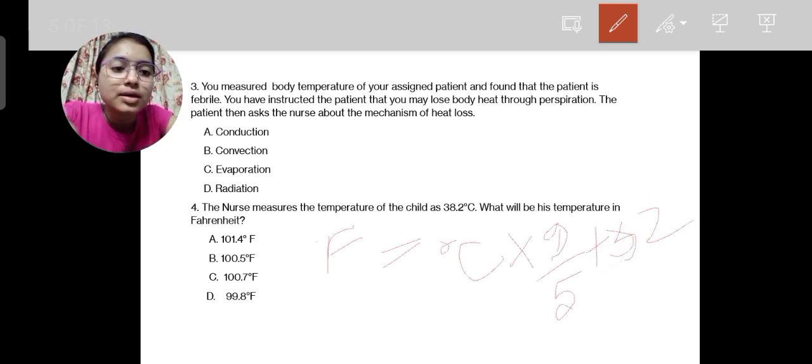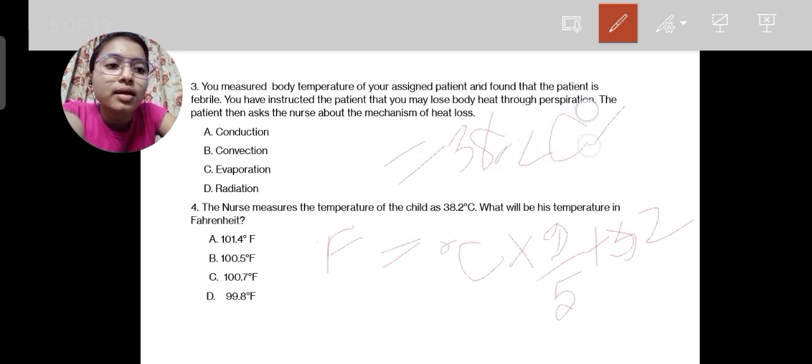Okay. So degree centigrade কত এখানে, 38.2 degree centigrade into 9/5 plus 32.